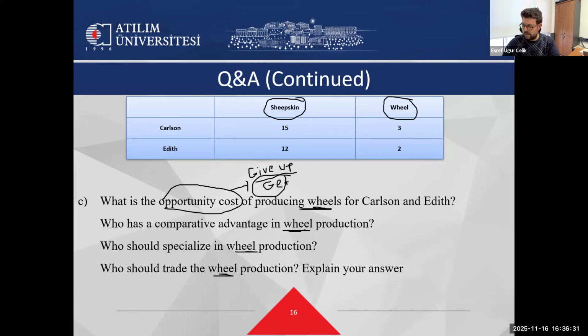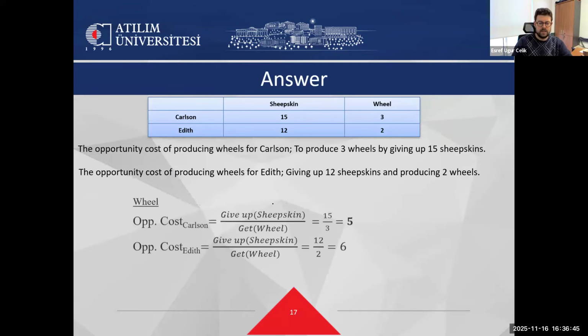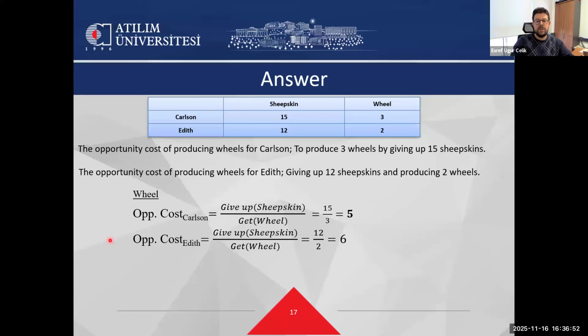Okay, let's try to find it yourself. Let's start with the first one. What is the opportunity cost for the wool? Let's start with Carson.